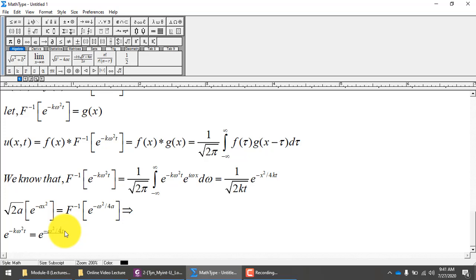A should be that number such that the exponent, or the power of e, will be similar to k omega square t. So what can you put there? You can put here 1 over 4kt, because then the formula will be much easier for you.